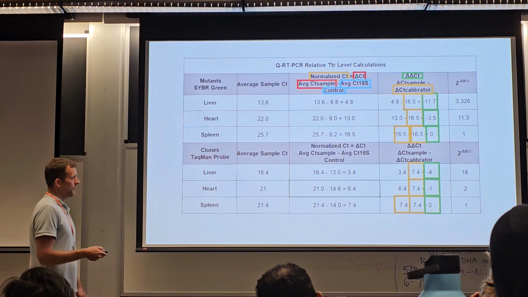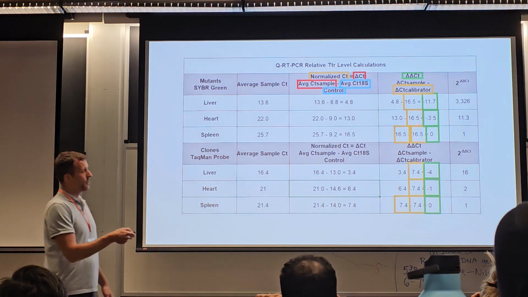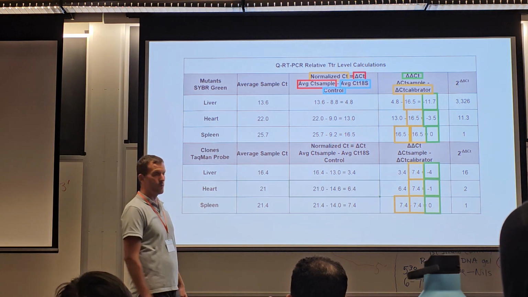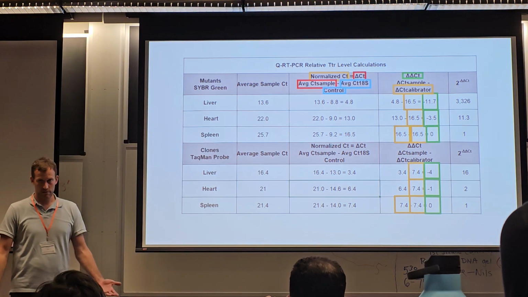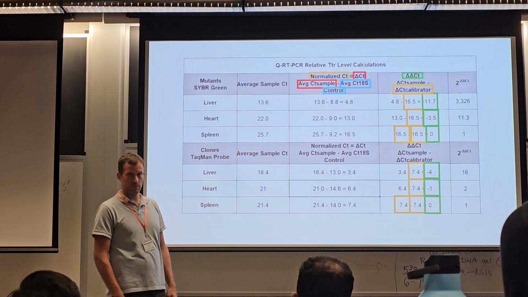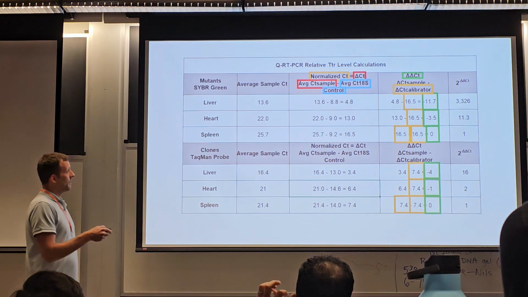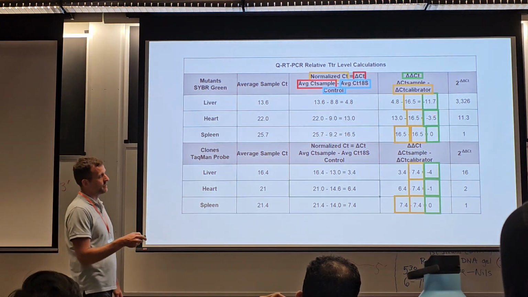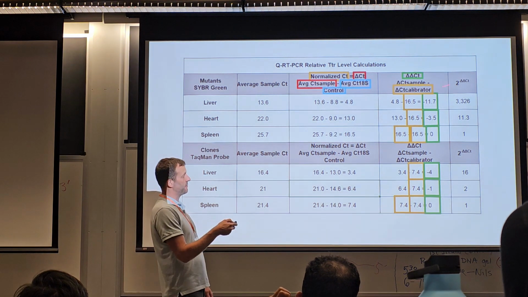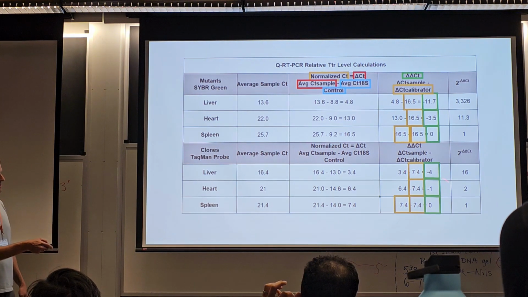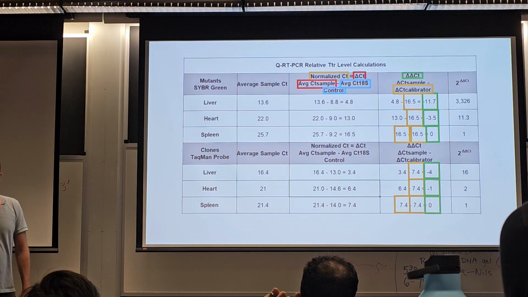So in its simplest form, we're taking what we just calculated for spleen and subtracting it from what we just calculated for spleen. So spleen minus spleen equals 0. If we look at heart, we have a lower CT here, so 13 minus 16.5 is negative 3.5. And same thing here for liver, negative 11.7. And then we have our results down here for that.